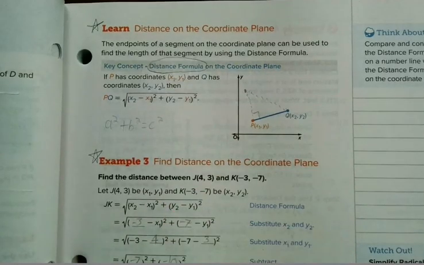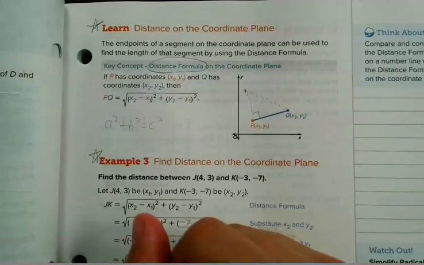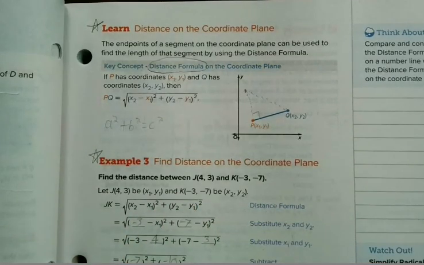And then, like I said, we're going to take that number and multiply it by itself. That's what that 2 power means. So, -7 times -7 is 49. -10 times -10, 100. And then for the final step, 49 plus 100, 149, take the square root.